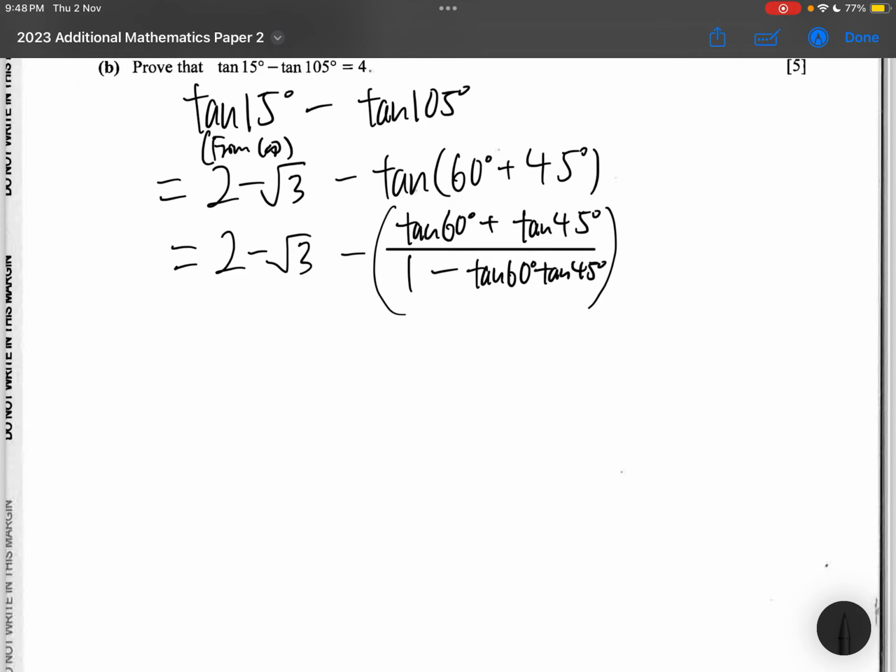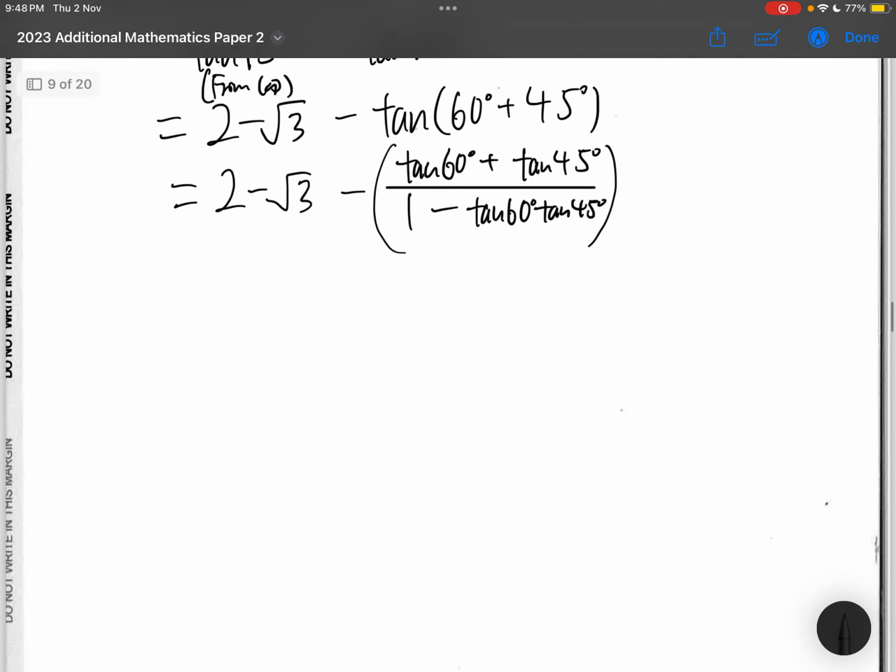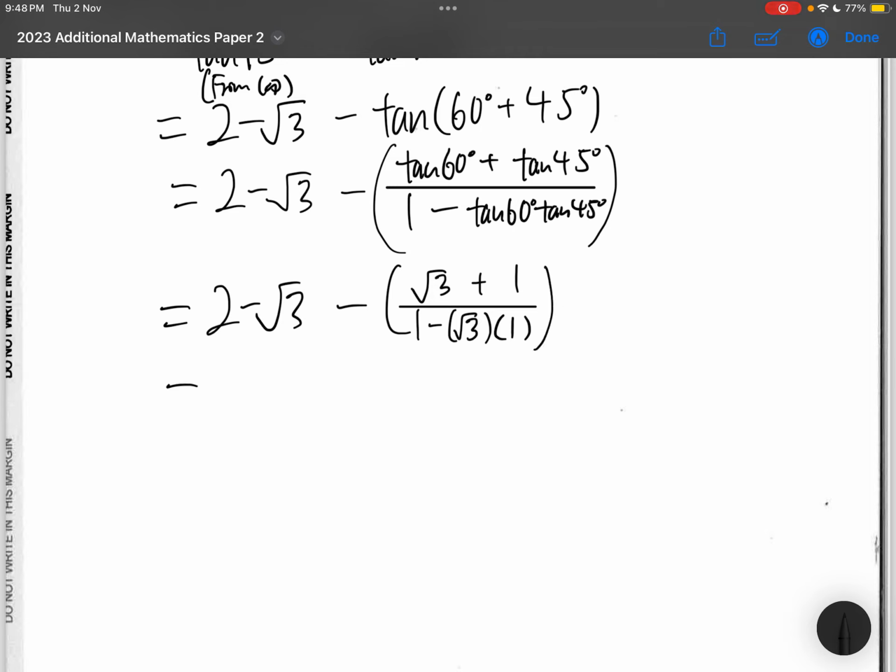So put a bracket next to it. And then this is where I can also use the sine, cosine, tangent on my special angles. I know that tangent of 60 is square root 3, tangent 45 is 1. Then I have 1 minus tangent 60 times tangent 45, which is square root 3 times 1. So 2 minus square root 3. I will rearrange the numerator to give me 1 plus square root 3. At the bottom, I will also have 1 minus square root 3.